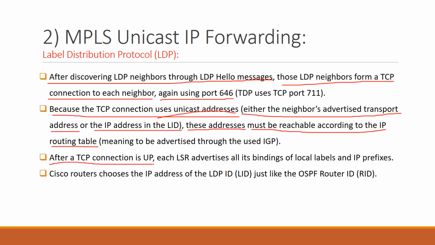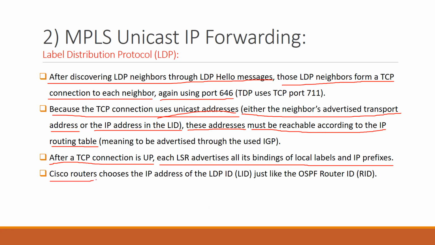After a TCP connection is up, each label switch router or LDP neighbor advertises all its bindings of local labels and IP prefixes. So each LSR or LDP neighbor sends all the known local labels and IP prefix bindings to the LDP neighbors so they can learn about this prefix and can learn about the label that will be used when sending IP packets to this neighbor.